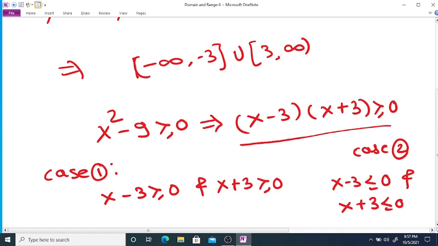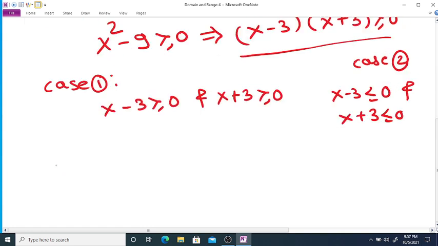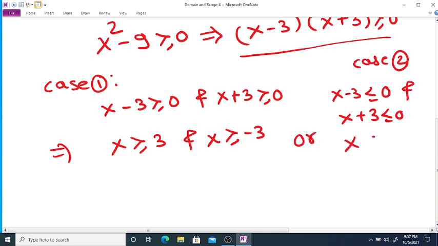If you combine these two cases, then x ≥ 3 and x ≥ −3, or x ≤ 3 and x ≤ −3.